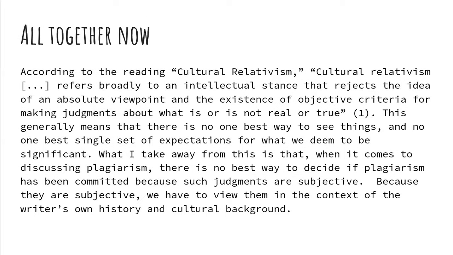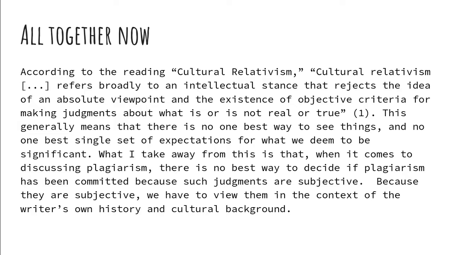The very last thing we do is put it all together, and all I've done here is copy and paste the three parts together. There hasn't been any further rewriting or anything here. So, the final version. According to the reading, cultural relativism. Cultural relativism refers broadly to an intellectual stance that rejects the idea of an absolute viewpoint and the existence of an objective criteria for making judgments about what is or is not real or true.